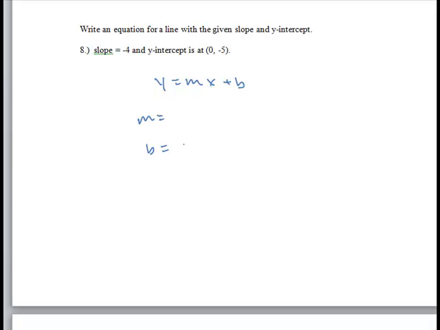Now in this case, we're simply told the slope, negative 4, so m is equal to negative 4. We're given the y-intercept, the point (0, negative 5), so b is simply equal to negative 5. So substitute those values into a slope-intercept form equation, which gives us y is equal to negative 4x minus 5, a linear equation with slope negative 4 and y-intercept negative 5.